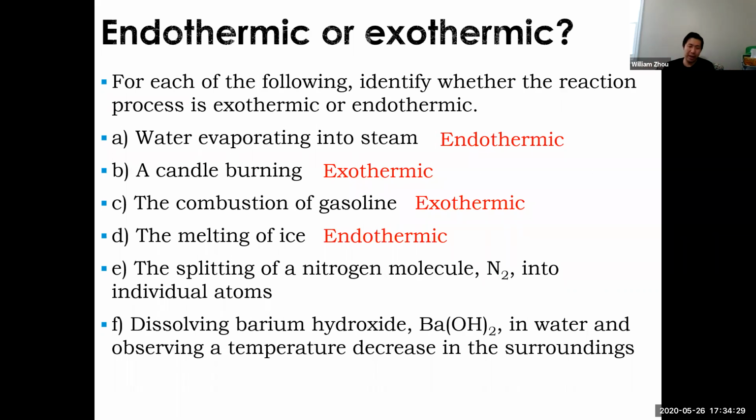And we just said, if you want to break bonds, you need to input energy. Making bonds releases energy, but when you break the bond, you have a net loss of energy from the environment and a net gain of energy in the system. You need energy to break the bonds, so it's endothermic. Okay, so breaking bonds is endothermic.